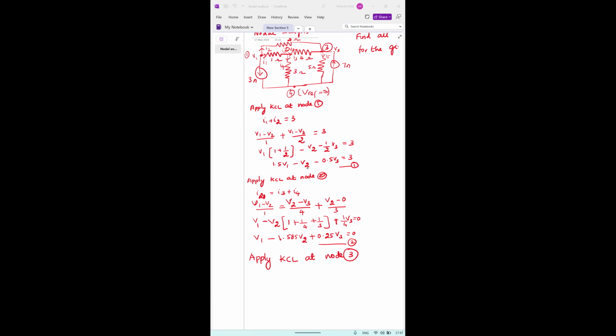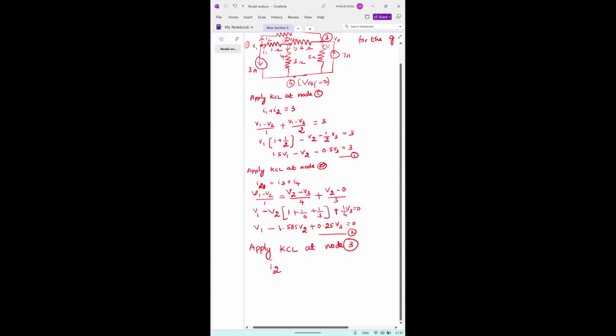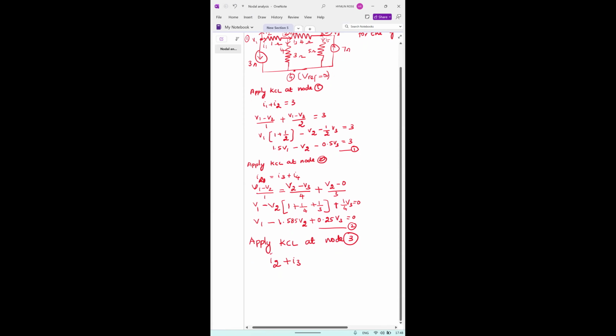There are 4 branches. What is the sum of the incoming currents? I2 is the incoming current, then I3 is the incoming current, and 7 is the incoming current. And I5 is the outgoing current.